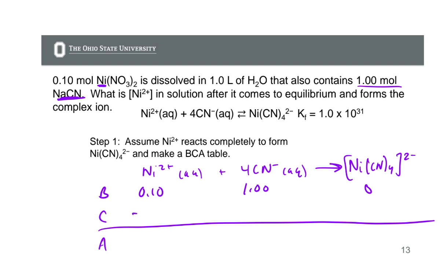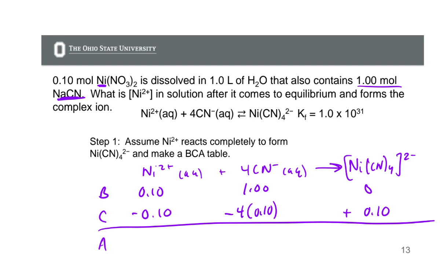So we're going to subtract 0.1 moles from the nickel and 4 times 0.1 from CN minus, and we're going to form 0.1 of the product. So I use the limiting reagent moles, drop down the stoichiometry, and add it or subtract it as needed.